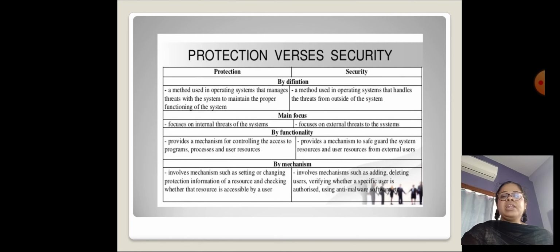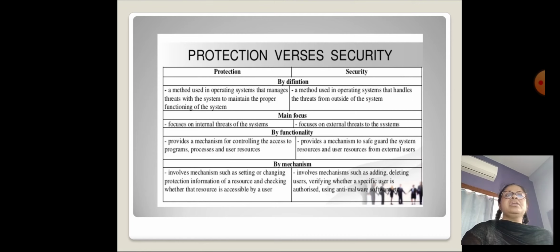By functionality, protection provides a mechanism for controlling the access to program, process and user resources. Security provides a mechanism to safeguard the system resources and user resources from external users.